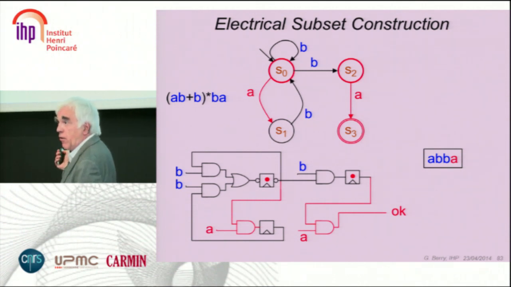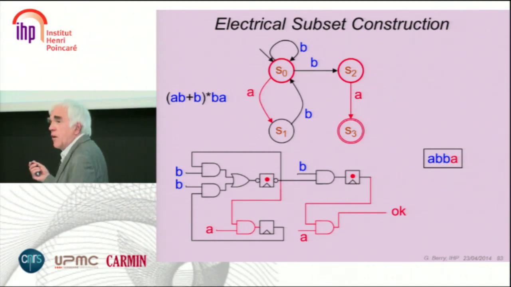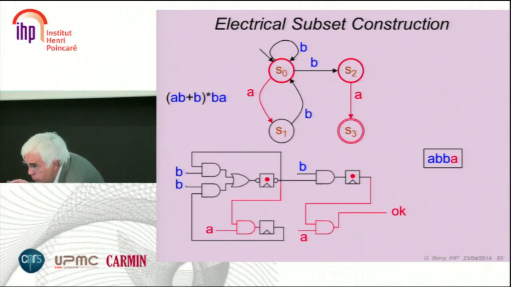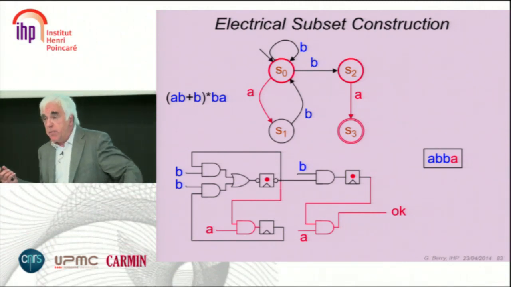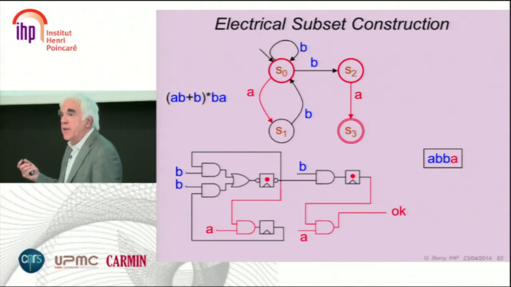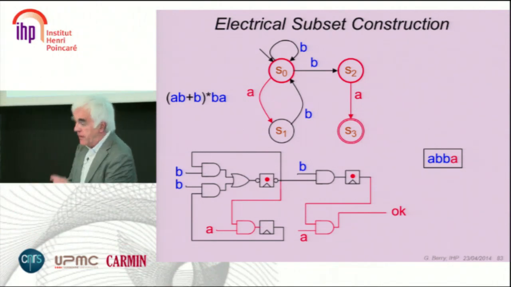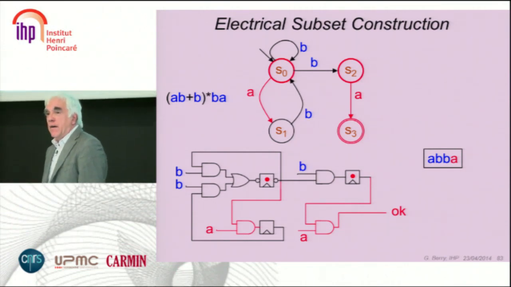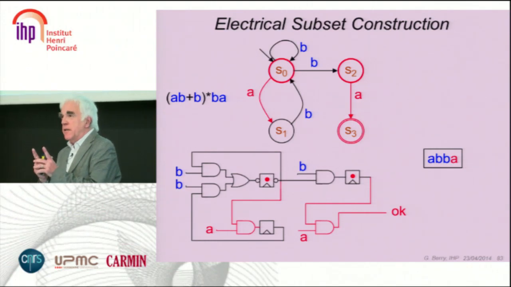You can really do all the algorithms you want, except the one for which I never found any use in practice, which is minimizing automata. Never seen any use for that, and especially in optimization, it's very bad because it's irreversible. But that's another story. So the name non-deterministic has fooled everybody for long.